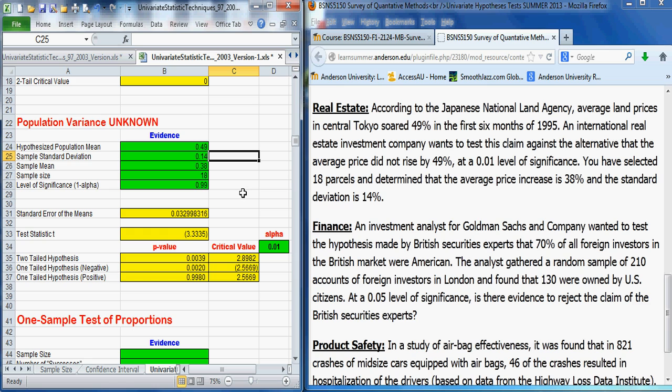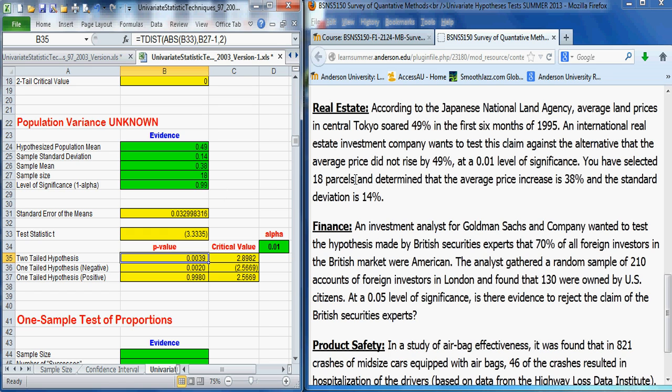All right. Now in this case, it's a two-tailed test, straight equality. We have a negative test statistic, t equals minus 3.3335, and we see that the critical value is 2.8982, which of course, since it's two-tailed, is a plus or minus, and that value is less than our 3.335 in magnitude, and we see that the p-value 0.0039 is less than 0.01.